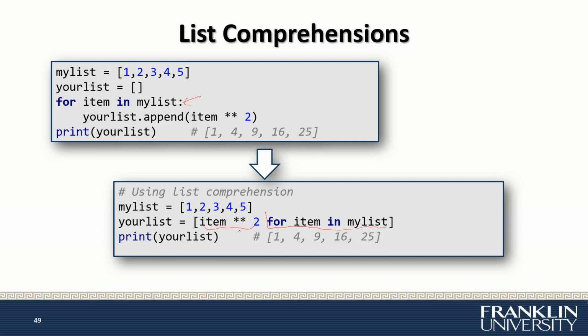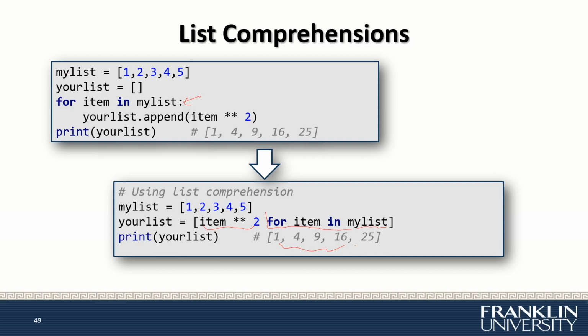So for every item in my list, square the item, and then your list will have all the items squared. Did everybody see how much simpler it is to write a list comprehension? Typically, we write list comprehension on something that is very short, like this for loop turned into a list comprehension.